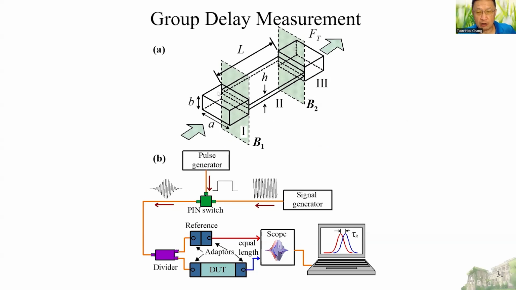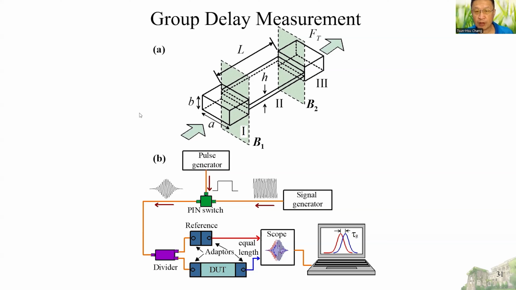Region 1 is the standard waveguide. Region 3 is also the standard waveguide. And region 2 is an undersized waveguide. Remember, in a previous part, we changed the width A to increase or decrease the cutoff frequency.